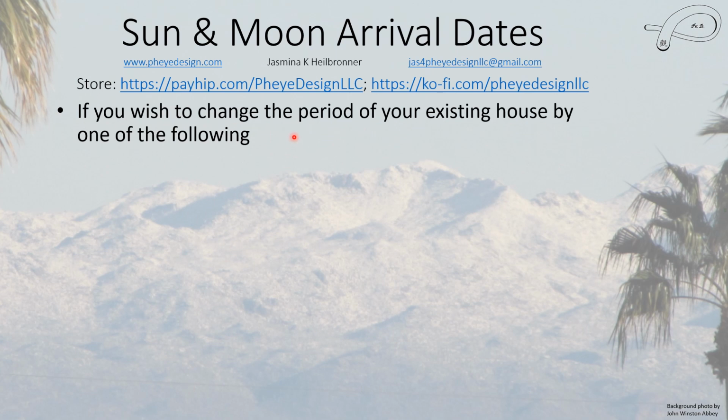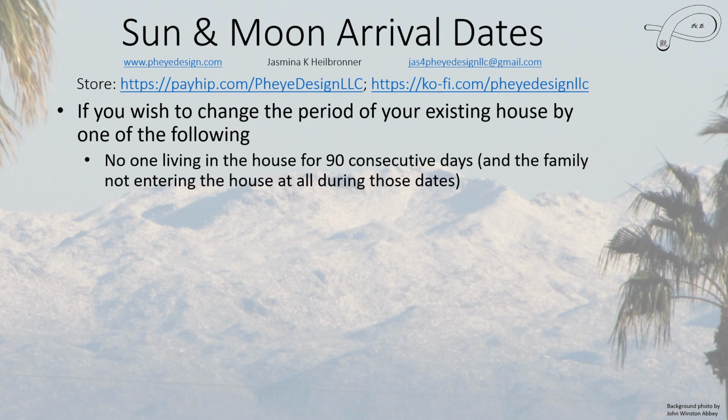Now, the last thing is if you wish to change the period of your house, there are 3 ways to do it. And I'm going to cover this implication with the sun and moon arrival dates for each one of those. One of the easier ways is to have no one living in the house for 90 consecutive days.